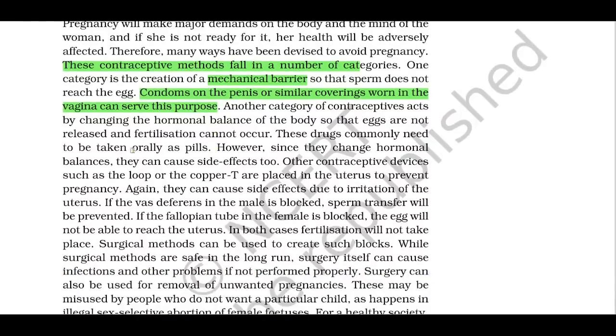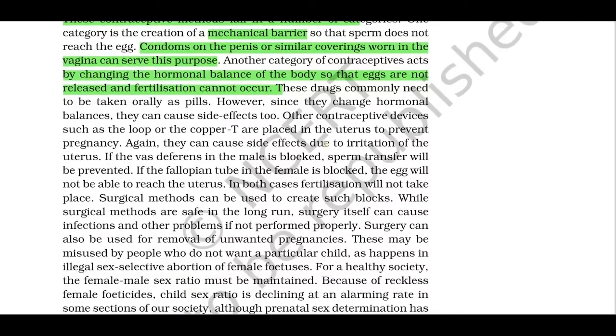Another method is by changing the hormonal balance of the body so that the egg is not released and fertilization cannot occur. Changing the hormonal balance does have side effects, so it is not advised. Another contraceptive method is a loop or copper T placed in the uterus to prevent pregnancy. Again, these have side effects due to irritation of the uterus.